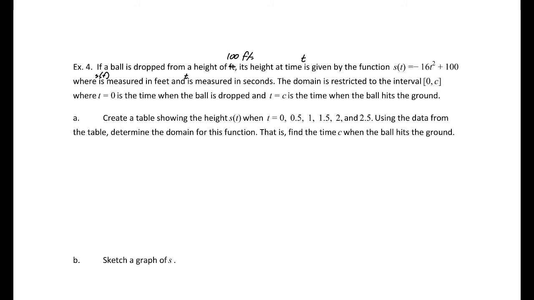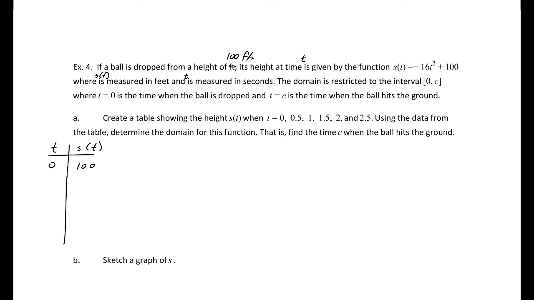Since we are told the domain is restricted, we start at 0 and continue on until we find where it hits the ground. After that point, it really doesn't make any sense. At t equals 0, that is going to be 100. So it begins at a height of 100.